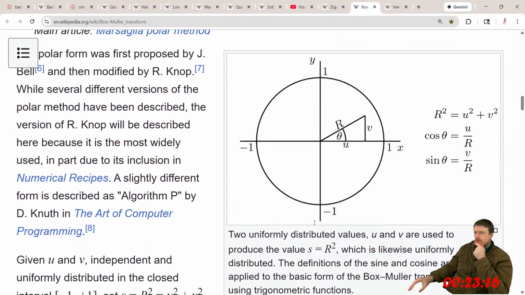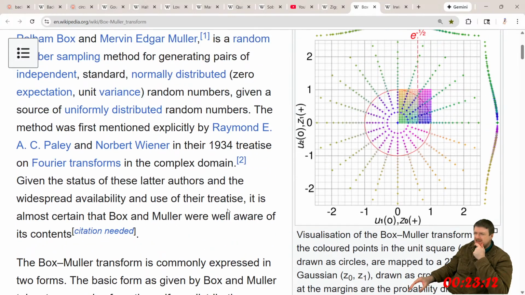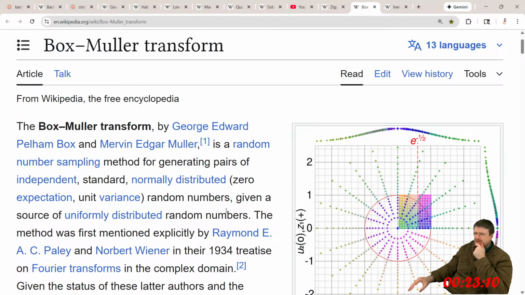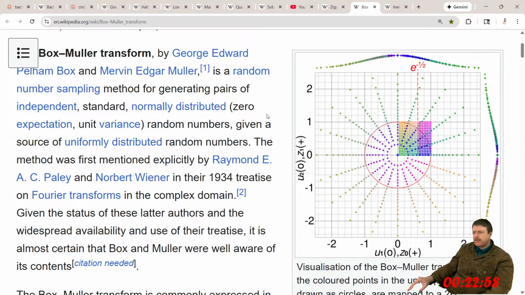Wait, so where's the mojo coming from here? Like, what's the seed? This is just this transform, right? And it's a Laplace, which is, it's an oscillation.